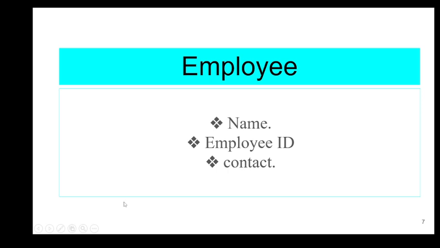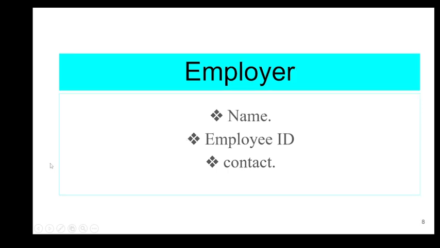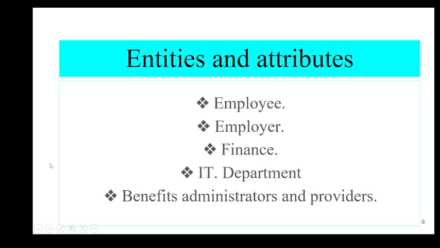So remember, when we list entities, we have inseparable properties. What I mean here is like we have benefit administrator, and the next we have benefit providers. So they are different entities.